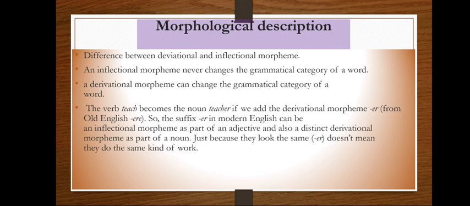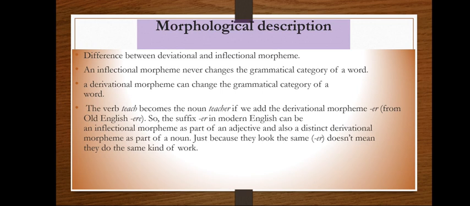So in the first one, the inflectional morpheme, no new word or grammatical category is created, while in the second, the derivational one, the category changes. With the inflectional one, only the grammatical function is changed, from singular to plural.